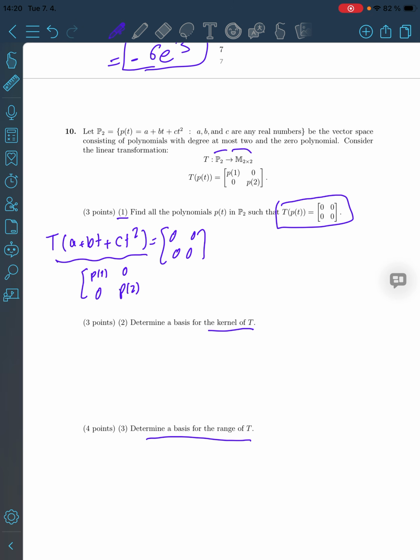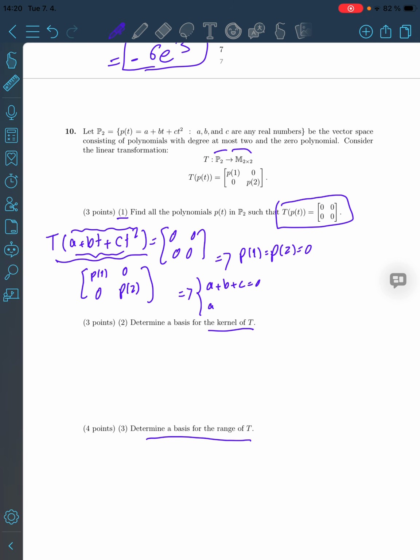Based on this equation, this means that p(1) = p(2) = 0. Therefore, p(1) = 0. What is p(1)? It means that substitute t to be 1 here. So a + b + c = 0. And then p(2) is also 0. This means that just substitute t to be 0 here.